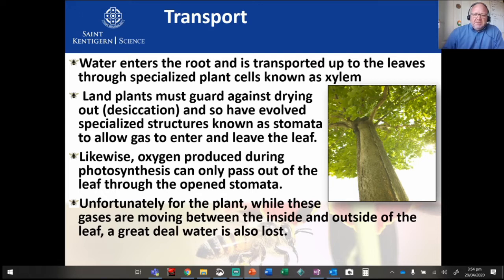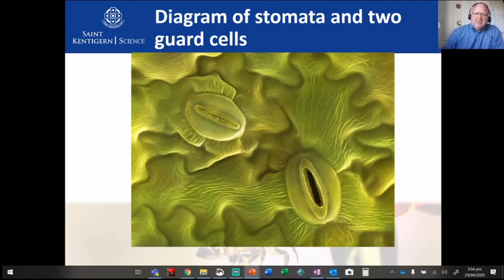Okay, so this is a microscope photo of two stomata, and you can see that we have the two guard cells, like guards, an armed guard, but this is not an armed guard. This is a guard that's guarding the opening that is called the stomata, and they can contract and close so that no water can get lost.